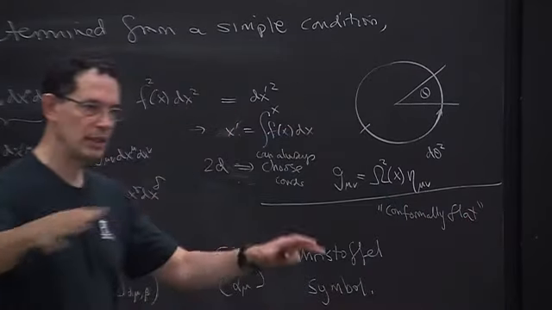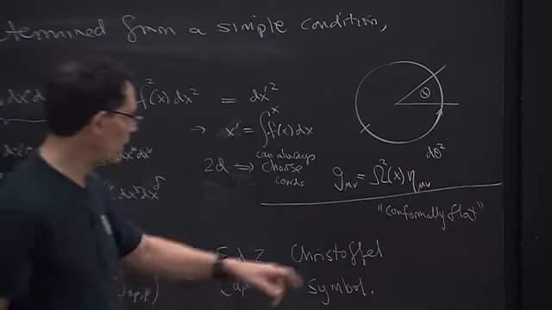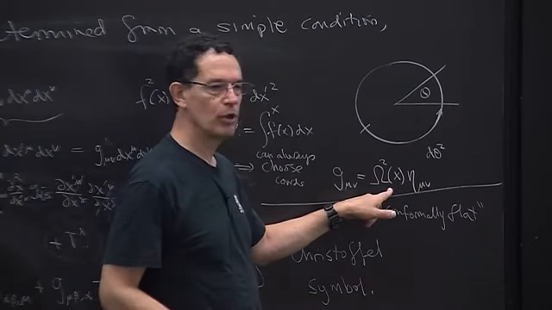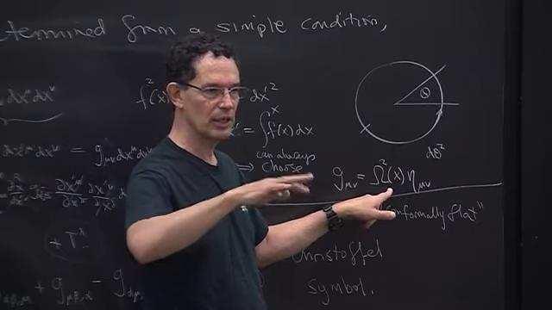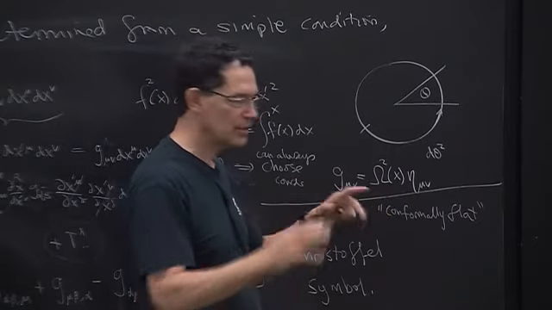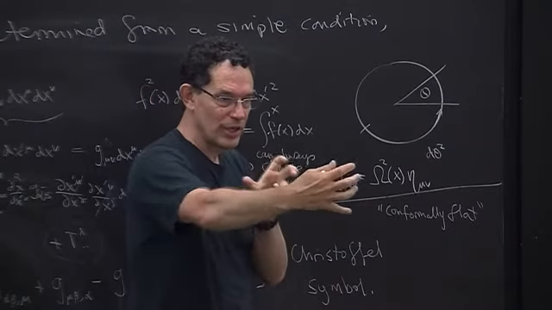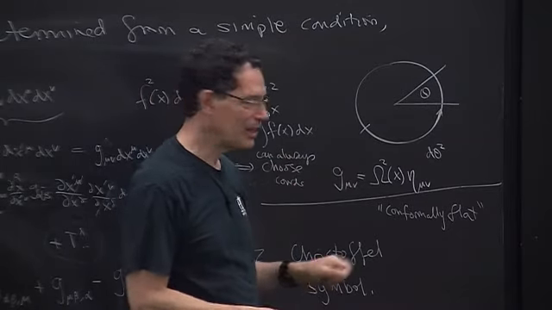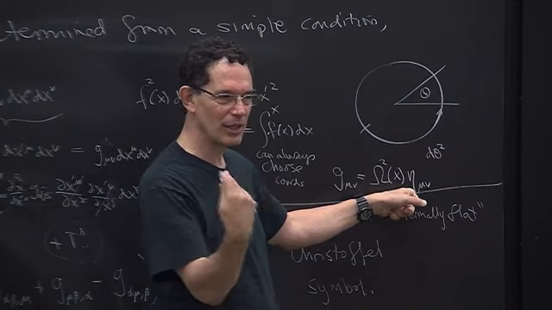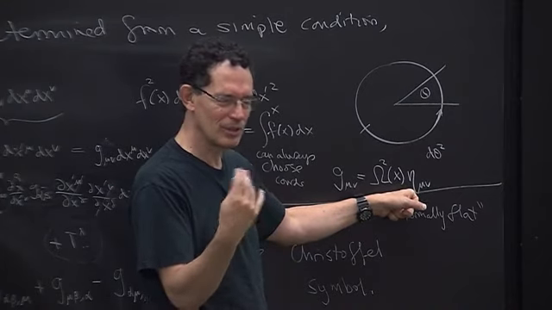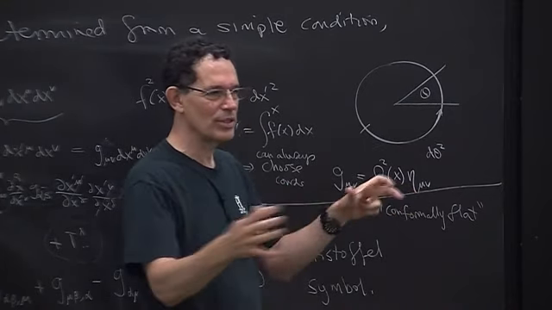So 2D geometry is always conformally flat. The only interesting description of the geometry is a single function of x, which is just the overall stretching of space. Okay, there are no interesting angular deformations in 2D geometry. It's all just a stretching.